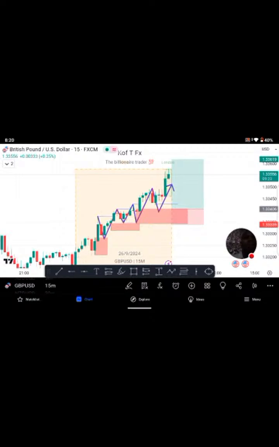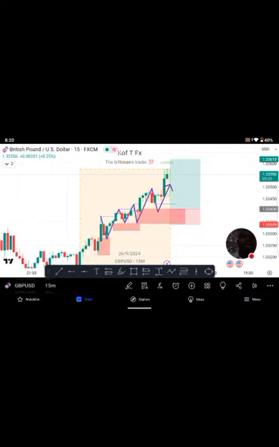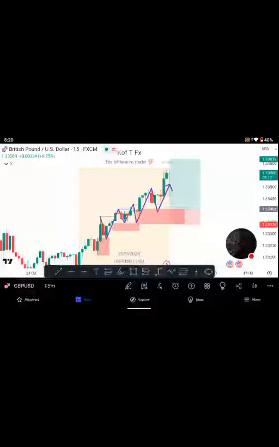So that shows that it has a clear structure which we can leverage on. But for Euro USD, we don't have a clear structure, so there's no setup. So for today, we are looking at a buy setup on GBPUSD and a sell setup on NZDUSD.